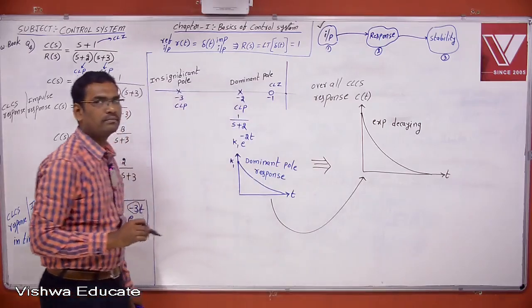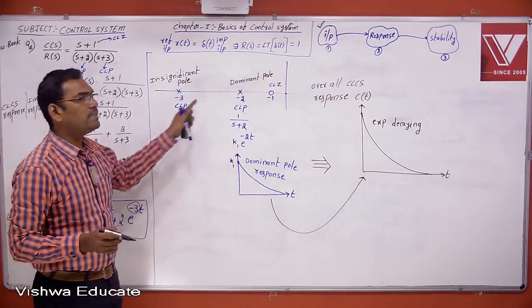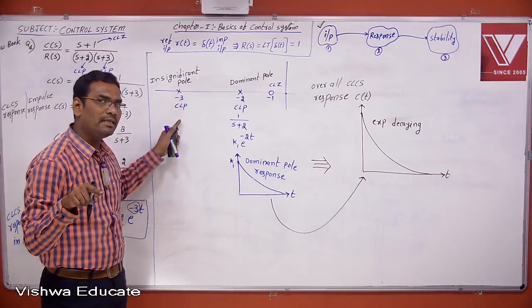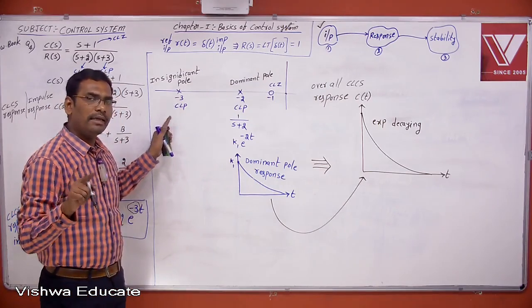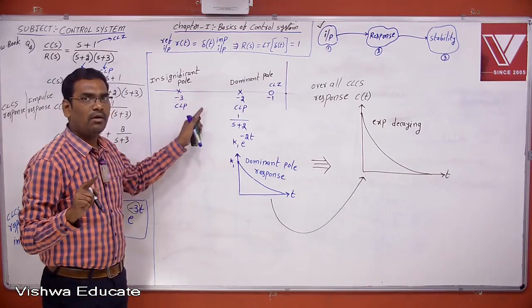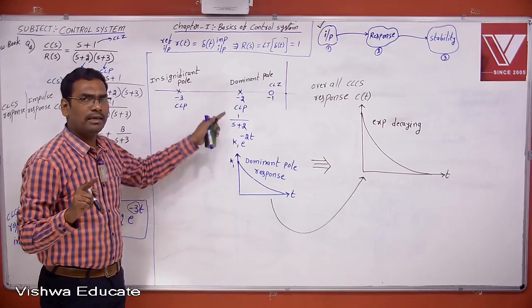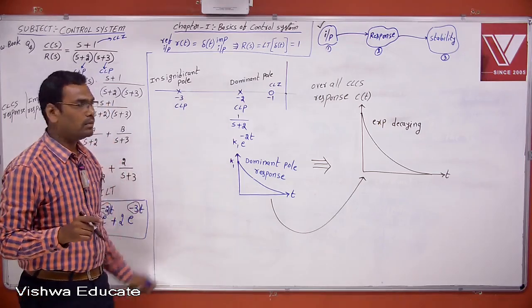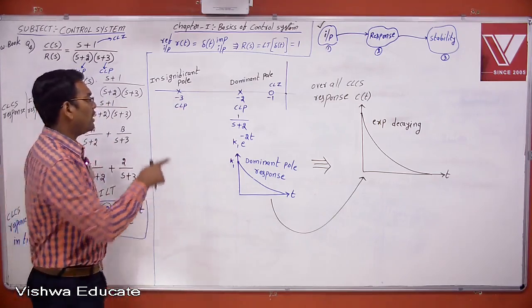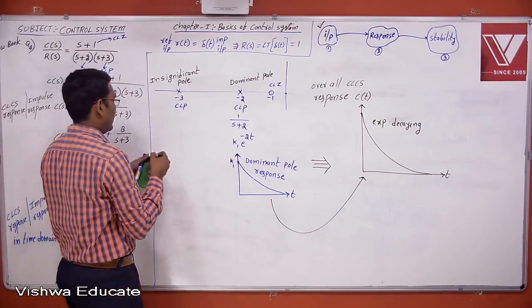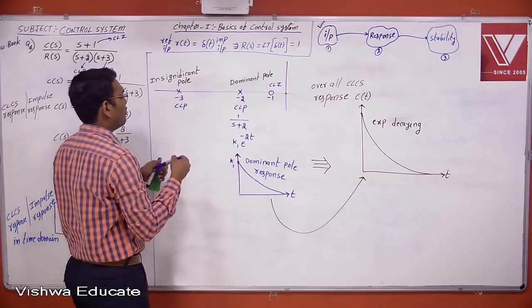Is there any problem if you are not considering the insignificant pole? If there is no effect, then the response is not having any problem. Then just ask the insignificant pole what it is saying.